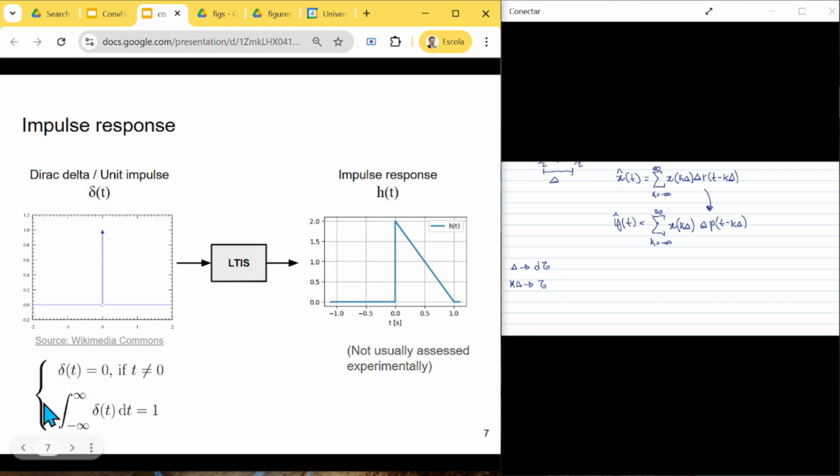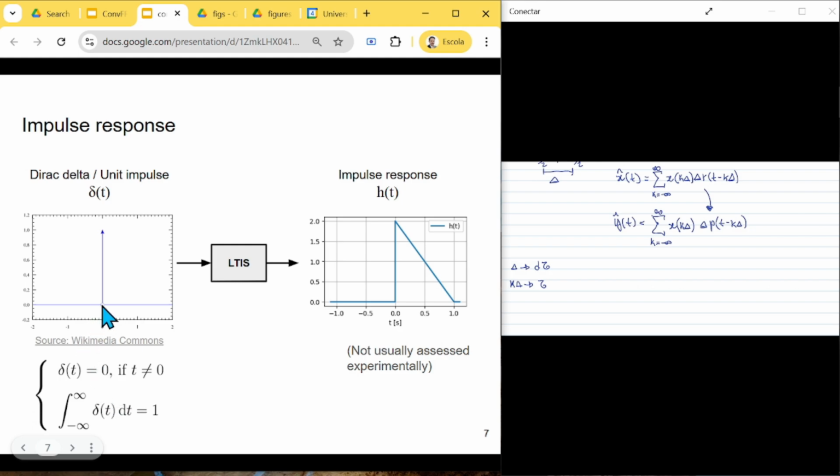We have this axiomatic definition which avoids infinity. So we say that the value of the Dirac delta, our unit impulse, is 0 for non-zero times, and the integral, the total area of the signal, is 1.